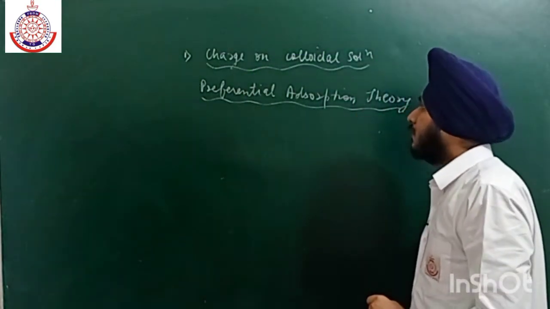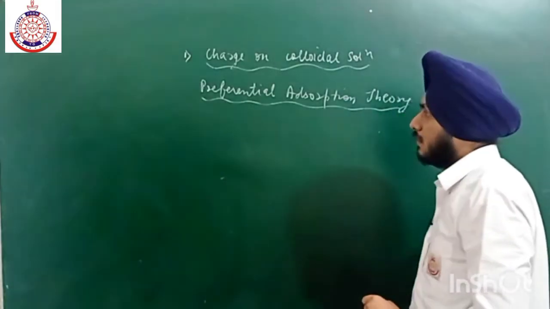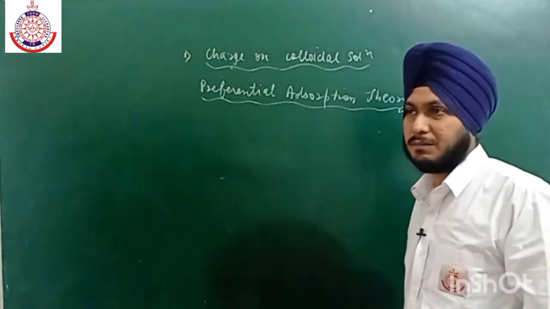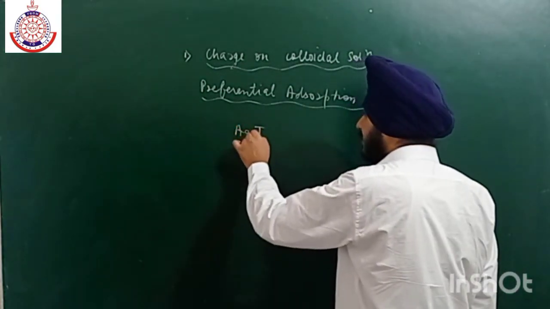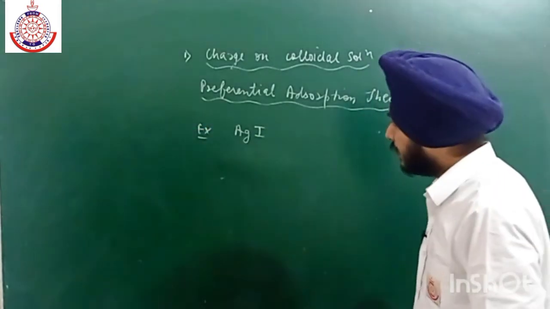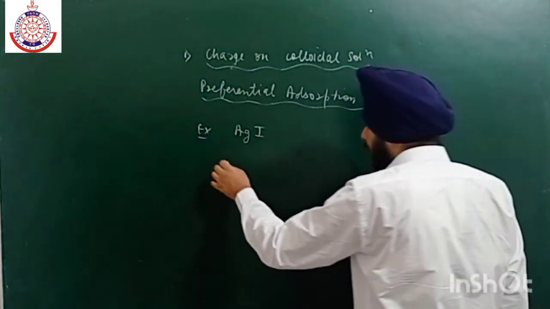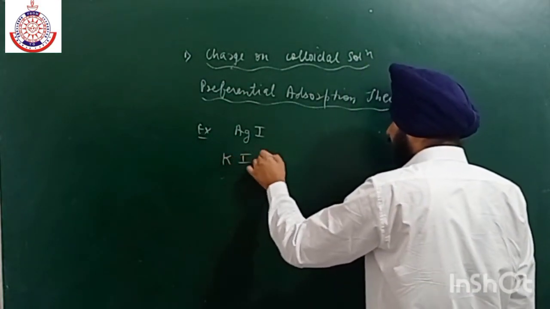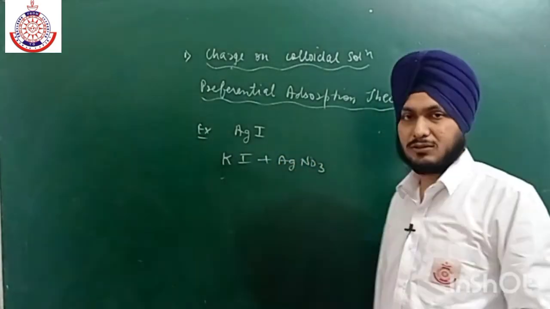Now what does this theory suggest? For example, if we are preparing AgI solution, this is a very important example given in most of the books: we are preparing a colloidal solution of AgI, silver iodide, by the reaction of AgNO3 plus KI.